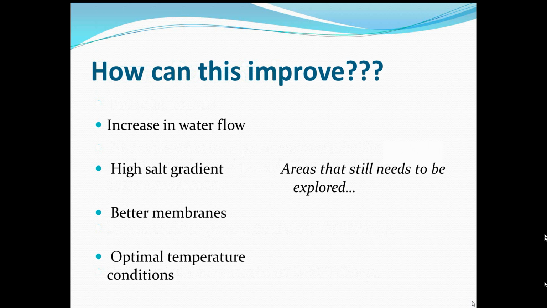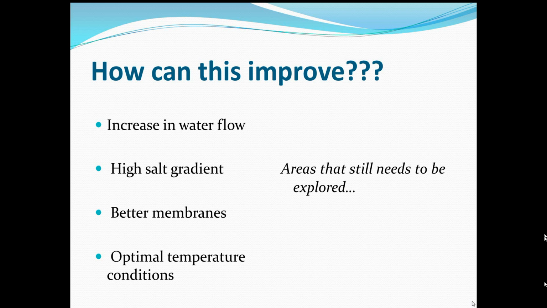Now, how can we bridge this gap between the required and the produced amount? The first thing we can do is increase the water flow, both at the seawater side and the freshwater side, so that there is a continuous flow of water which can generate more electricity.